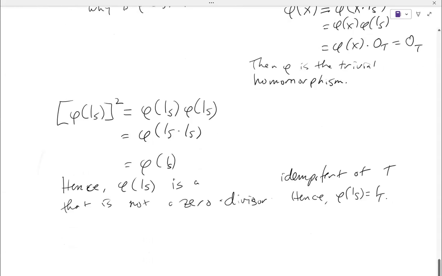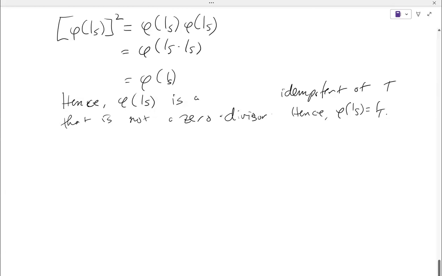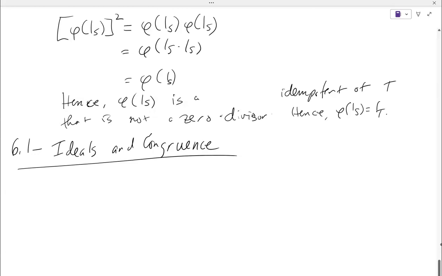Let's jump ahead then to chapter 6. Chapter 6 starts talking about ideals. So we've briefly mentioned ideals. All right, so we've talked about subrings.